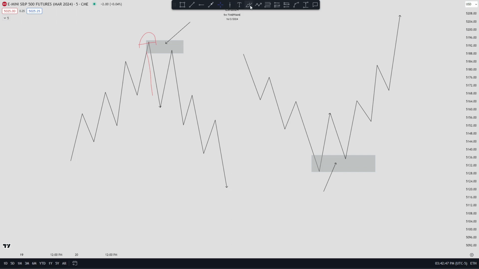So the remaining 300,000 to 400,000 contracts are still up here, meaning when the algorithm refers back up into this level, that's tagging the remaining contracts from smart money.